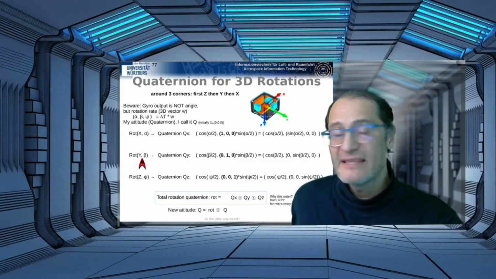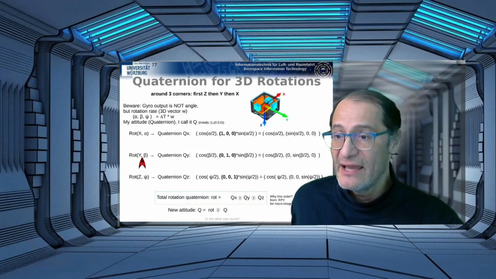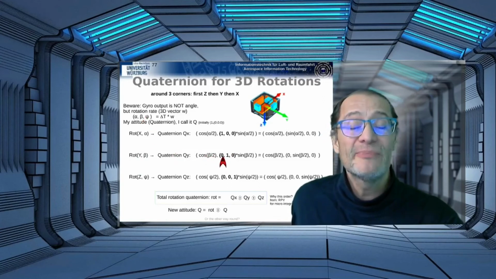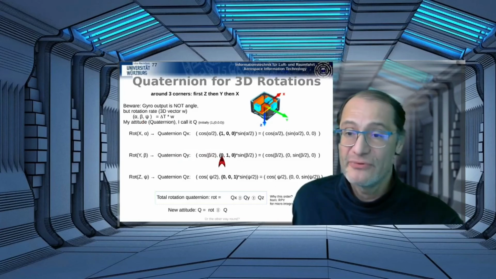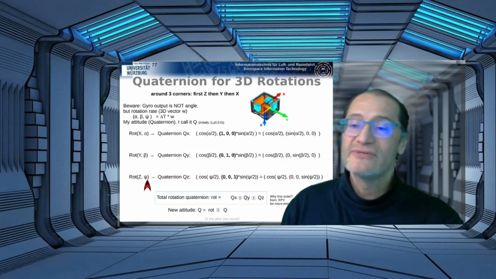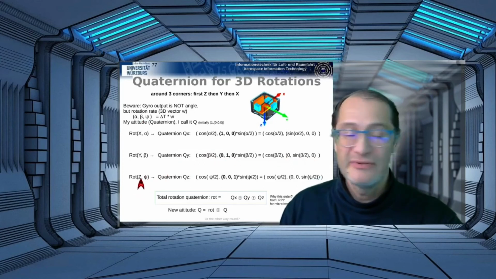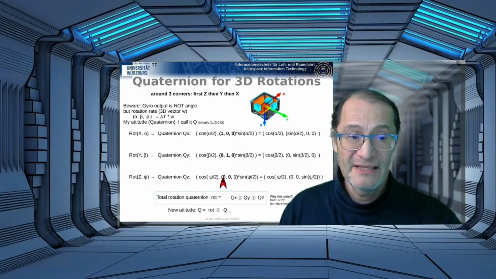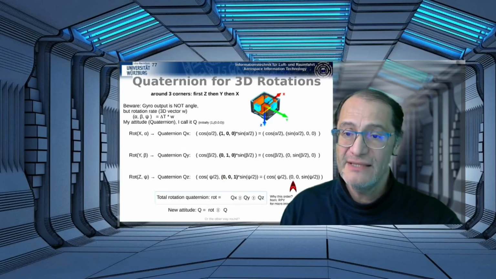A very similar thing when we are using this with Y. We get the cosine of beta, which was the rotation in this axis, multiplied by the Y vector, which is 0, 1, 0. And then the result will be this. And exactly the same using the rotation phi applied to the axis Z. This time the vector will be 0, 0, 1, and the result will be something like this.